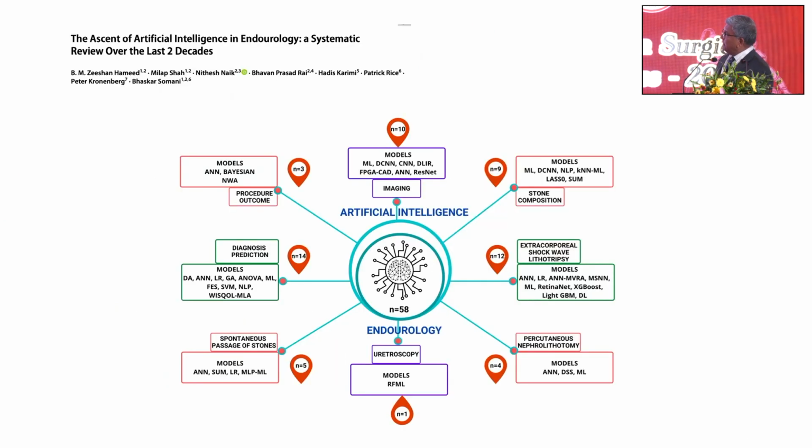This is a very busy slide, and basically it all distills down to one point. AI in endourology is getting better. If there wasn't any interest in it, and if it wasn't getting better, we wouldn't get more and more articles. I think urologists are generally good at this.